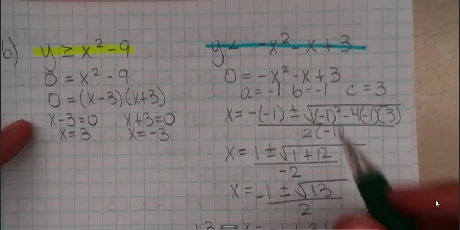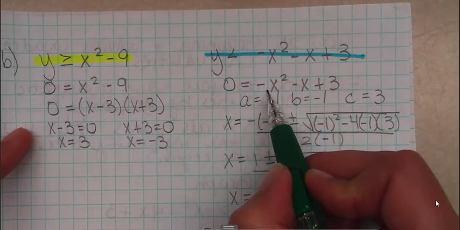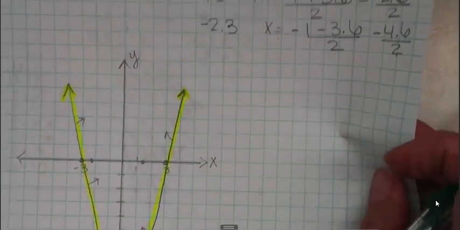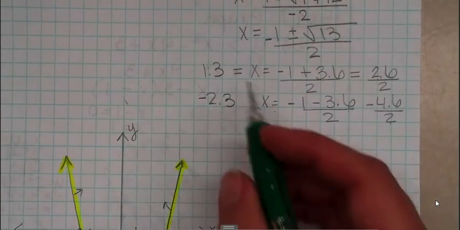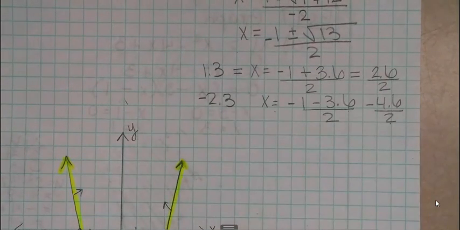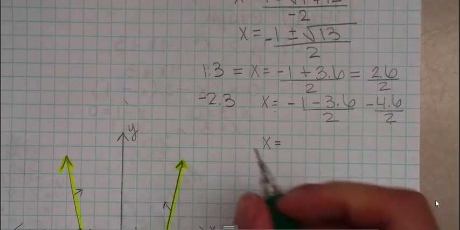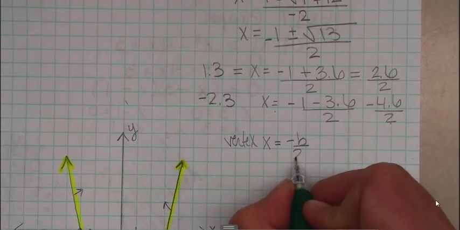Okay, now thinking about this equation, a was negative, so I know that this thing is going to be facing down. Now the question is, where is my vertex? So one way you can do that is you can take these two and average them. Okay, but working with decimals, a lot of you guys don't like to do that. So maybe the better way to do that is to actually say, hey, my x value of my vertex is -b over 2a.